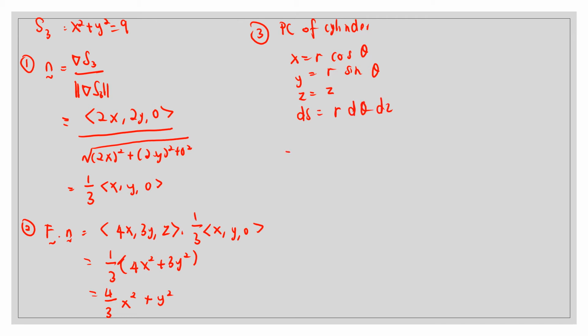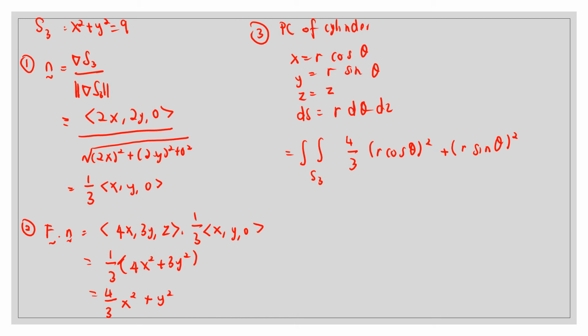So when you substitute into the double integral for S3, f dot n is equal to 4 over 3 times (r cos theta squared plus r sin theta squared).